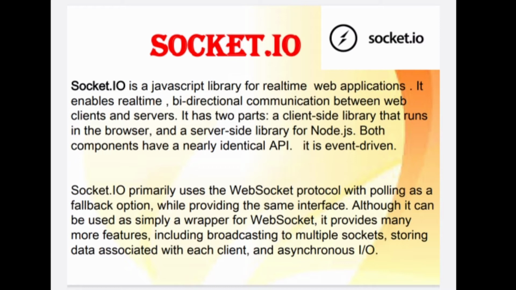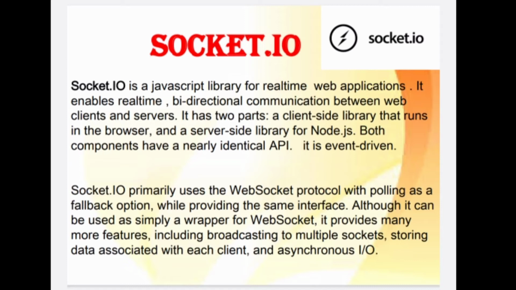Socket.io is a JavaScript library for real-time web applications, and it enables real-time bidirectional communication between web client and server. It basically has two parts: a client-side library that runs in the browser and a server-side library for Node.js. Both the components have a nearly identical API, and Socket.io is event-driven.